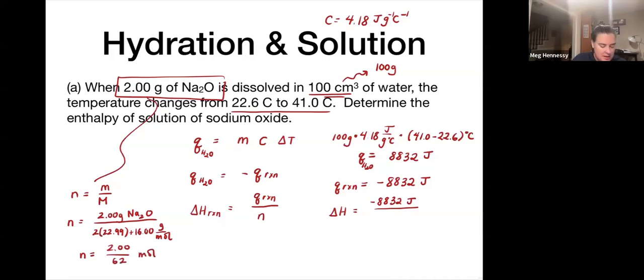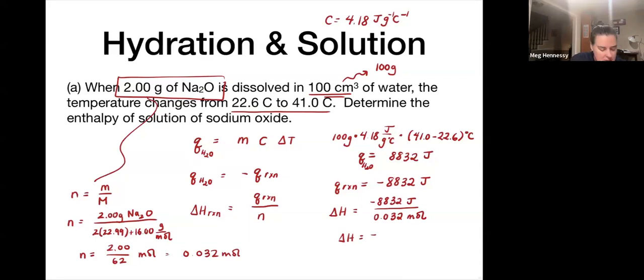Let me throw that in my calculator. I'm getting 0.032 moles. So barring any errors, I have minus 8832 divided by that number of moles.